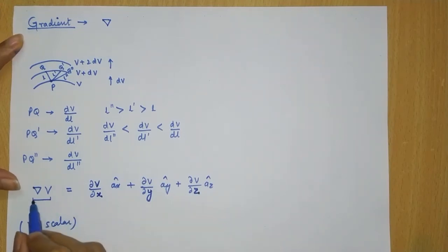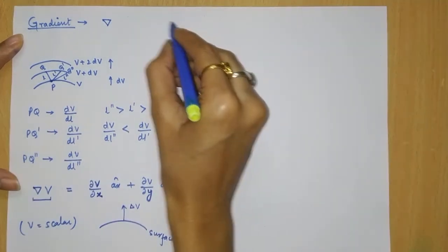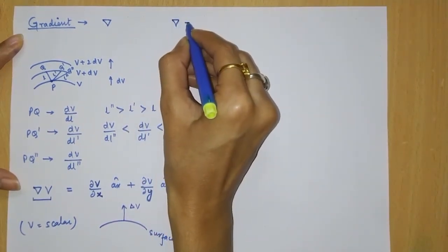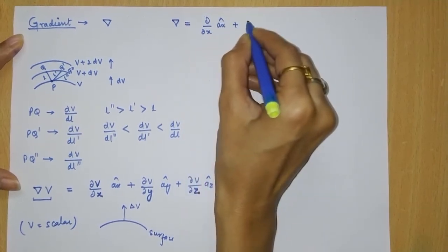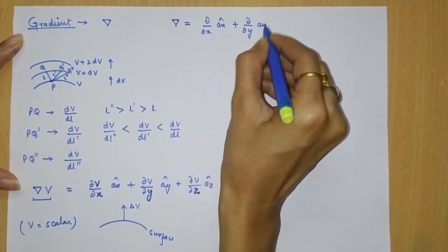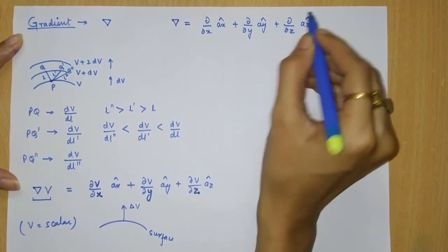This grad V is perpendicular to the surface. Its direction is perpendicular to its surface. Suppose this is the surface. Therefore, grad V represents the direction perpendicular to its surface. Basically, grad is given as del by del x Ax cap plus del by del y Ay cap plus del by del z Az cap.